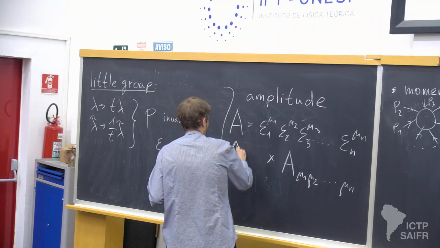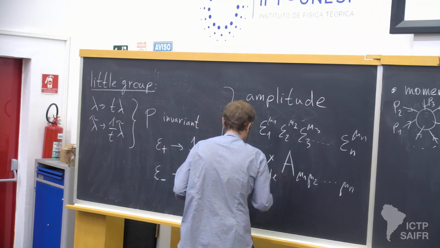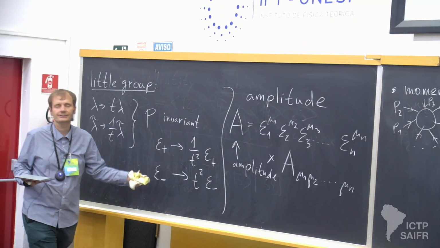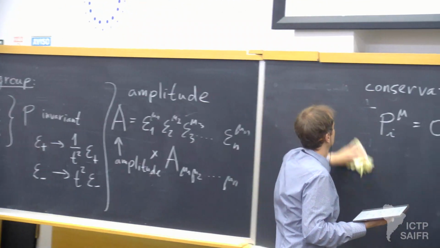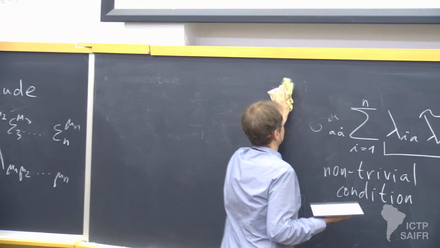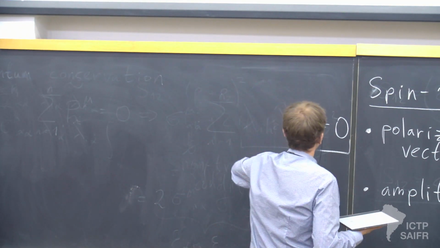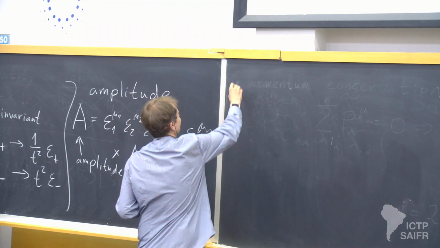Which means that the amplitude also transforms like this under the little group transformation. Sorry, this argument is very fast. It uses the Feynman diagram notion that everything is linear in polarization vectors, but I still like it.